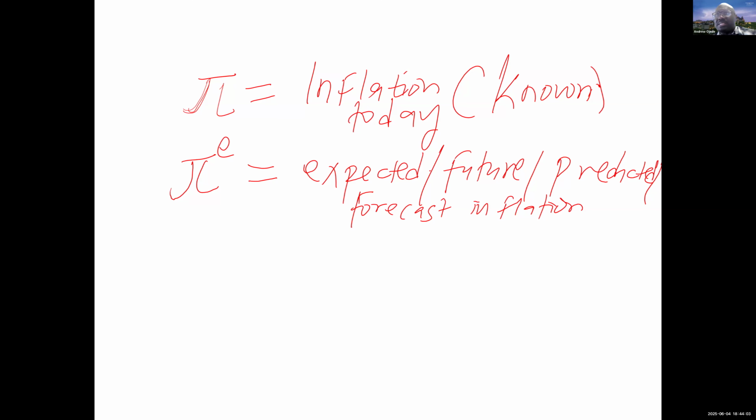That bank may go out of business. Why? Because the relevant inflation necessary for this loan is inflation after 5 years, which is predicted, which is not known. So that means there are two types of real interest rate.